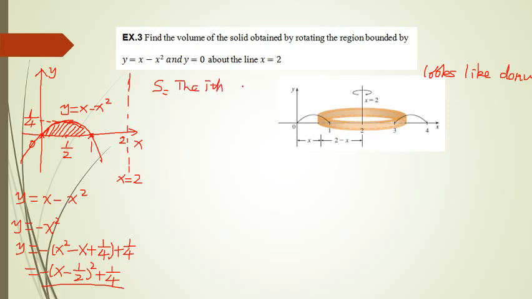The approximating rectangle is rotated about x equals 2, and then the cylindrical shell is obtained, right?